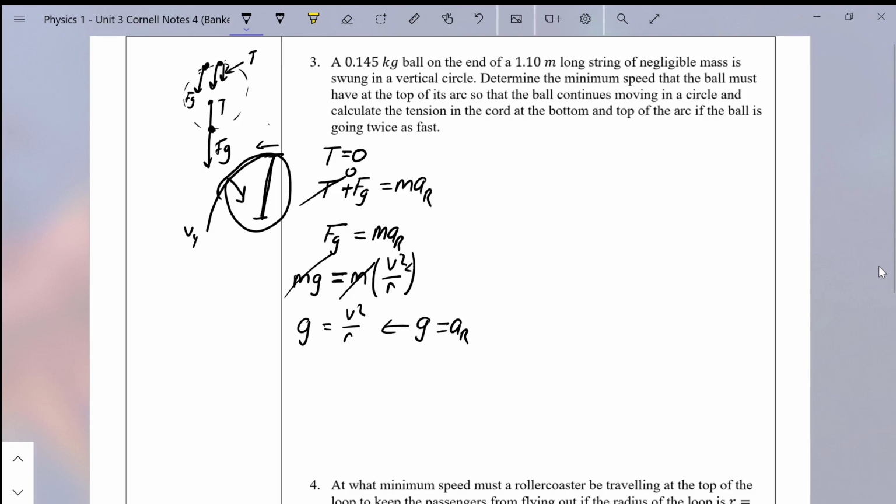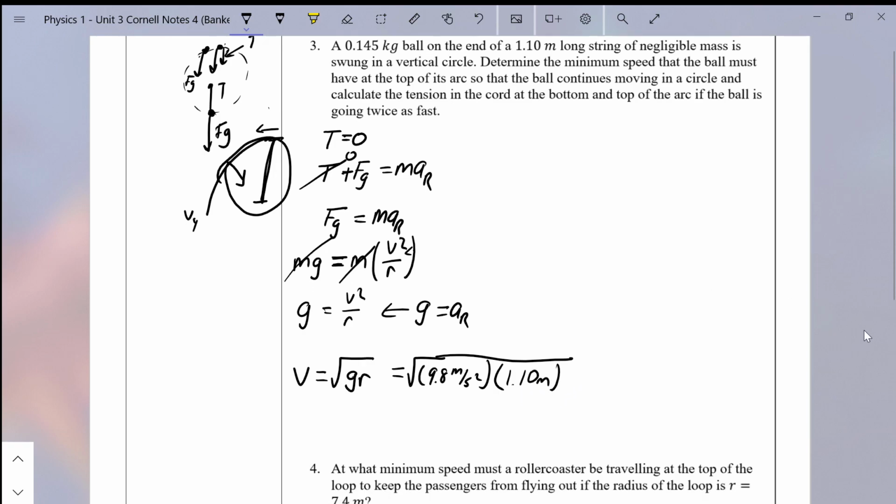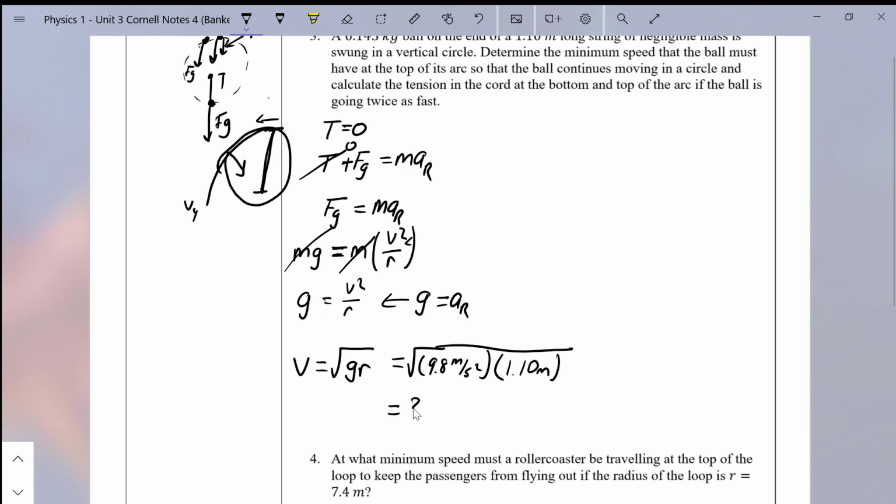Okay, so if I solve this for v, I get v is equal to the square root of g times r, which is the square root of 9.8 meters per second squared. And this is a positive 9.8, not negative, like we had in kinematics. So 9.8 meters per second squared times 1.10 meters in the square root. If I plug this into a calculator, the answer I get is 3.28 meters per second. So that's the answer for part A.